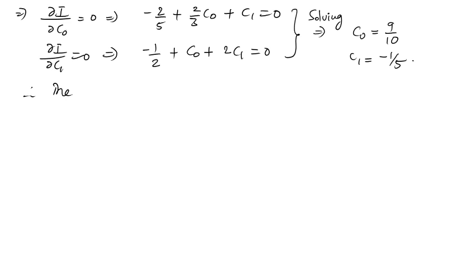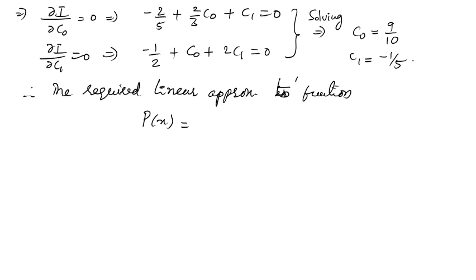Therefore the required linear approximation to the function f of x equal to x cube is p of x equal to c0, 9 by 10 x, plus c1, minus 1 by 5. This is equal to (9x minus 2) by 10. This is the approximation.